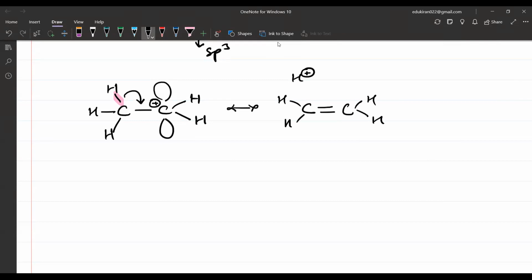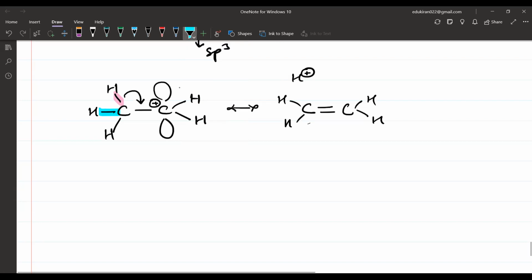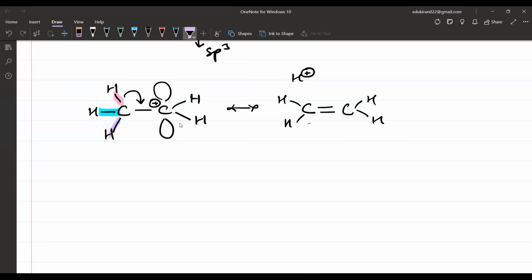So this type of resonance, this is also a type of resonance, because what is happening? Electron movement is happening, and there is a pi bond involved here. There is a movement of electrons from sigma, and it is converting to pi. So you can see that this is one hyperconjugating structure, and if this CH bond takes part, this will be another hyperconjugating structure, and if this CH bond takes part, then there will be another hyperconjugating structure.